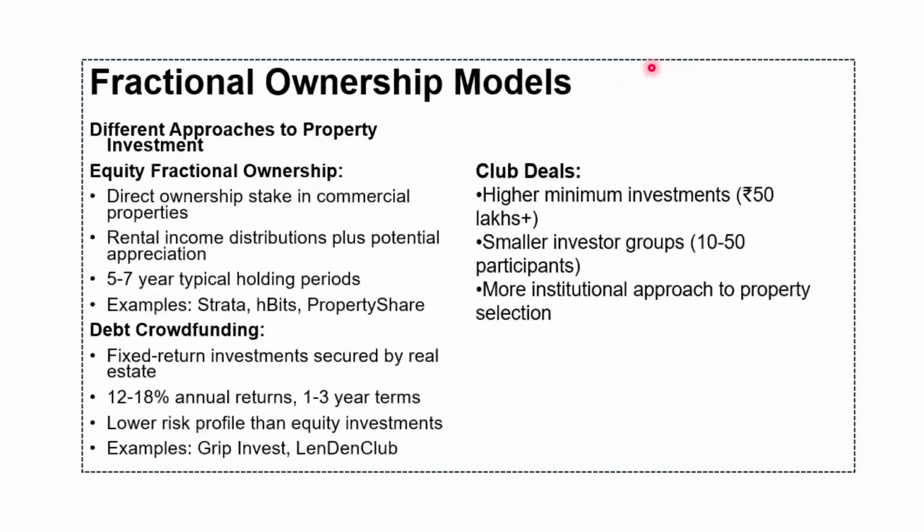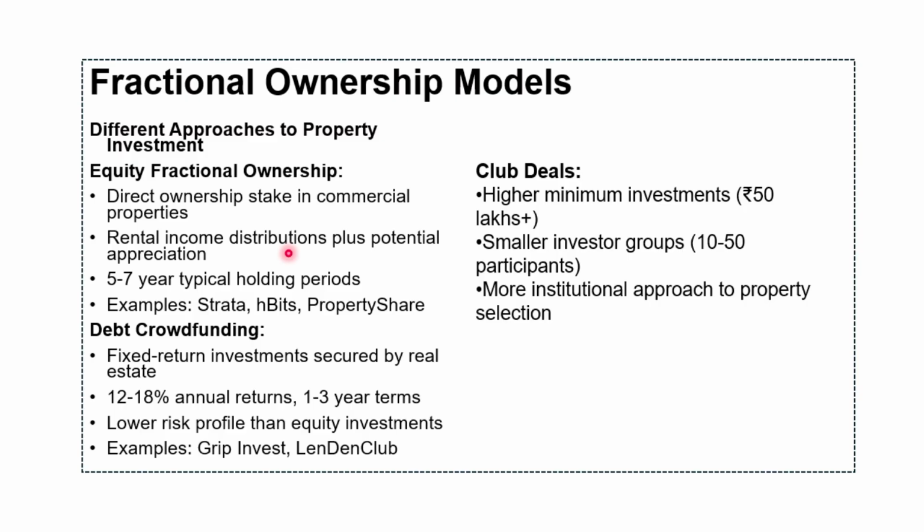So, then we have fractional ownership models. So, we have equity fractional ownership, which provides direct ownership stakes in commercial properties. Investors receive rental income distribution plus potential appreciation when properties are sold.